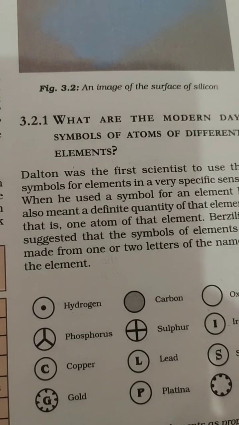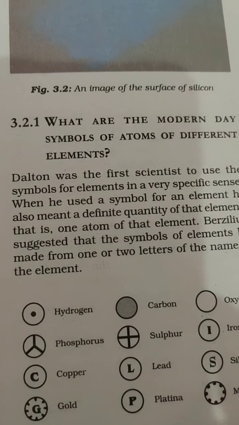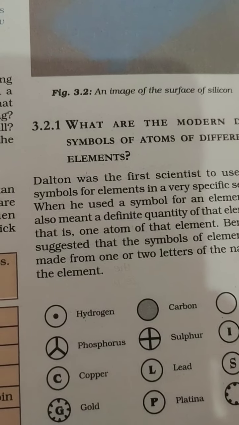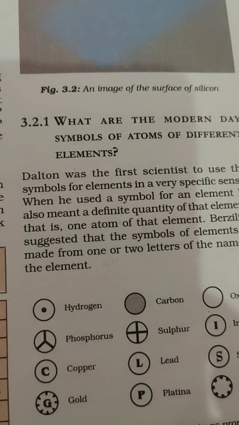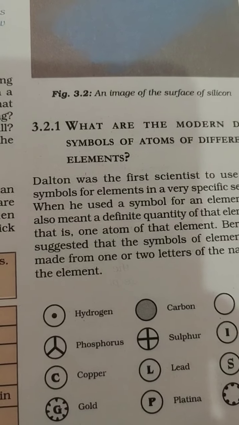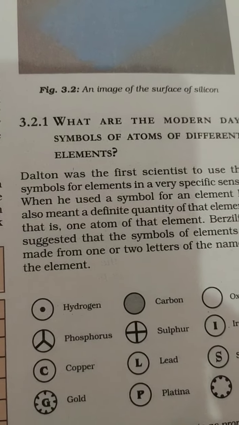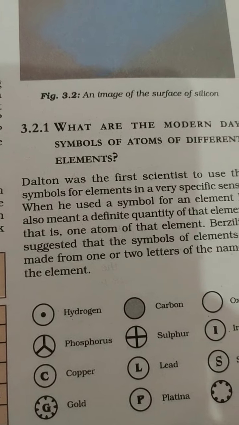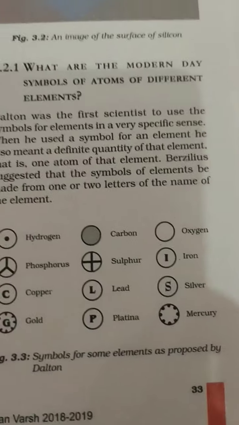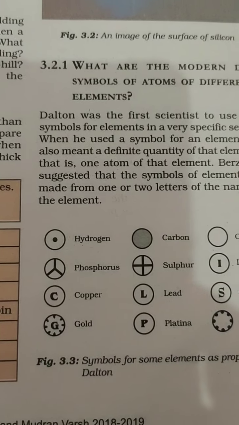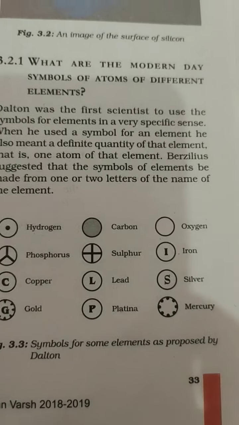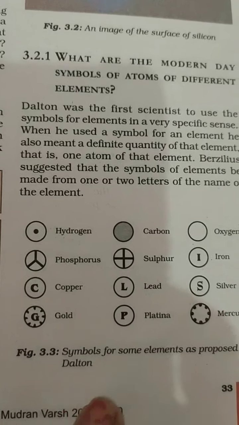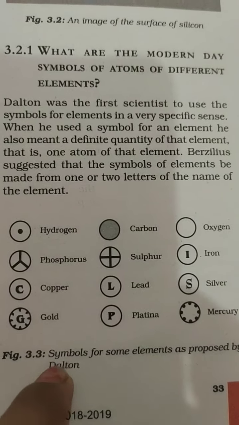Then there was a Swedish scientist called J.J. Berzelius, who proposed that the first letter of the name of any element be used as its symbol. That is the modern symbol, but we'll first learn about Dalton's symbols, which were made for the first time by John Dalton.